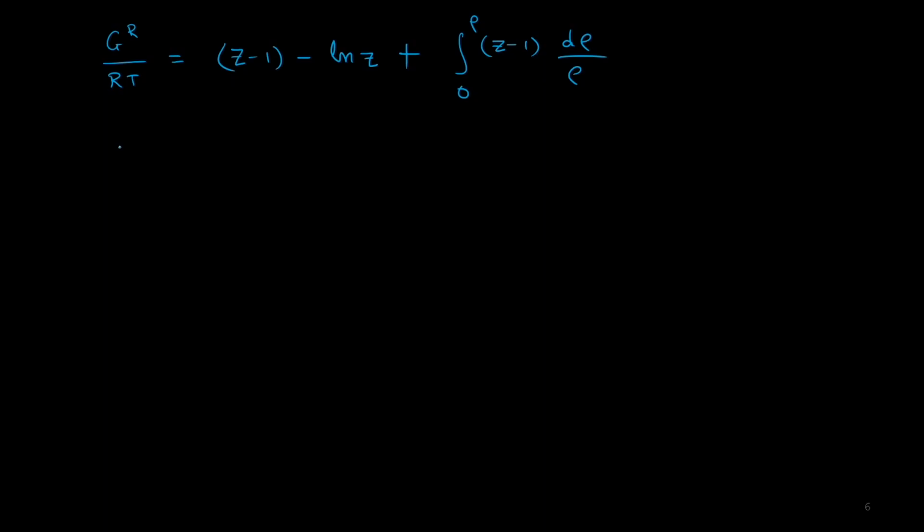We can take a derivative of this expression with respect to temperature, and we end up with an equation for HR by RT: minus T times the integral of 0 to density of dou Z dou T at constant density d rho over rho, plus Z minus 1.